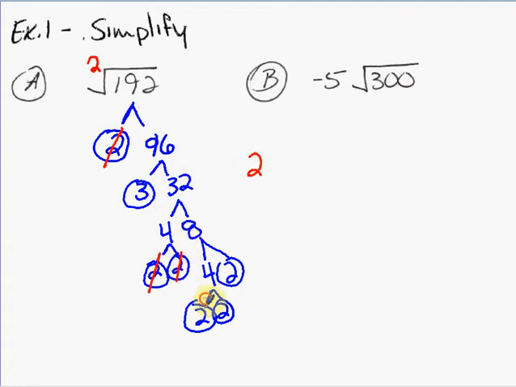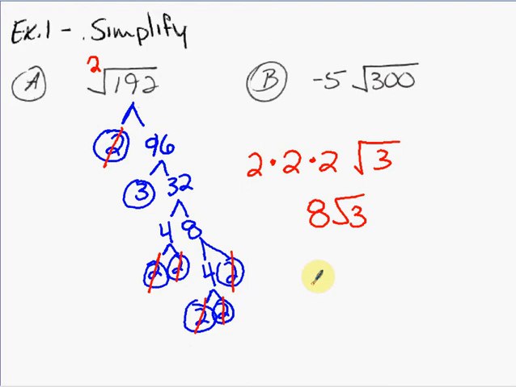I have another pair of 2's, so I bring out another 2. And I have a third pair, so I bring out a third 2. Now this 3 that's circled doesn't pair up, so it goes back underneath the radical symbol as the radicand. My final answer when I simplify is 8 times the square root of 3.